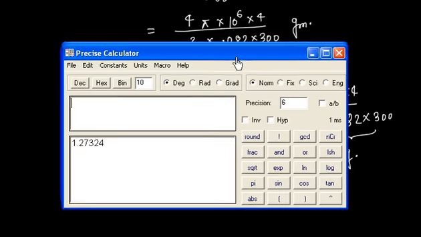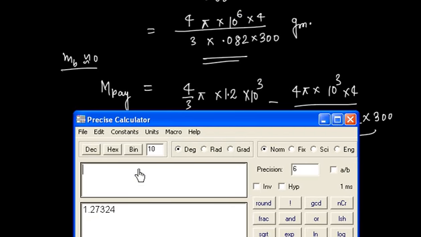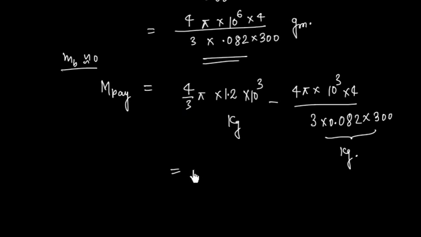So we have 4 into pi, divided by 3, multiplied by 1.2. This value is 5.026 into 10 to the power 3.